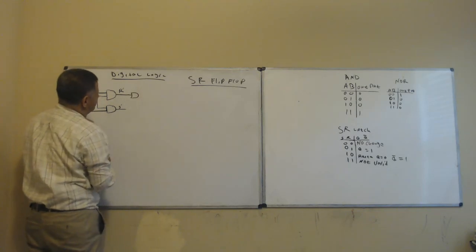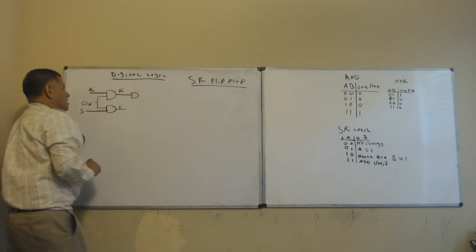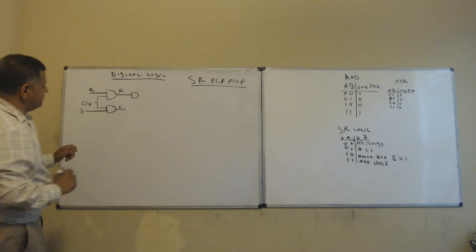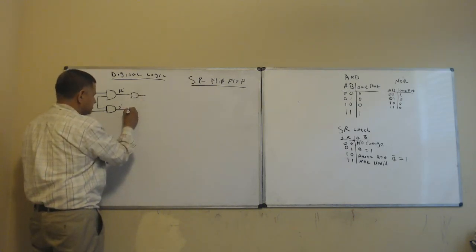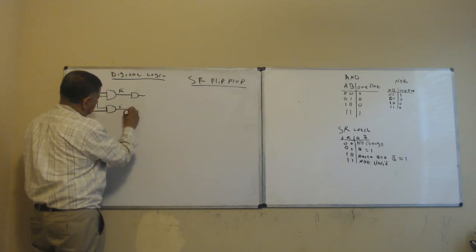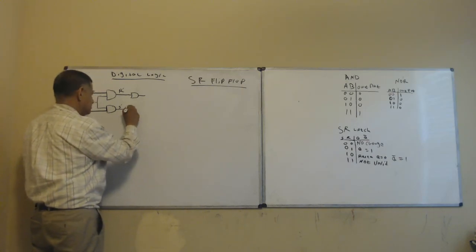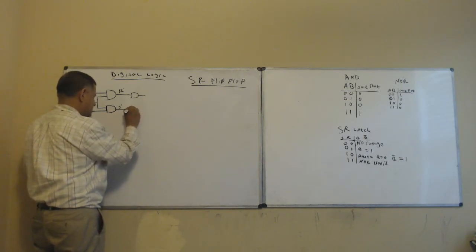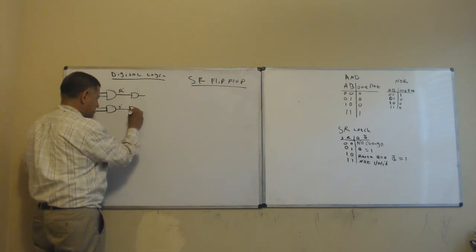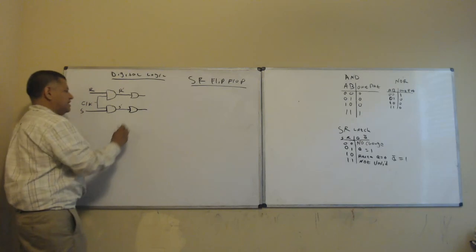All right, so we have this, the first OR gate. All right, so that's the first OR gate. That's the second OR gate.